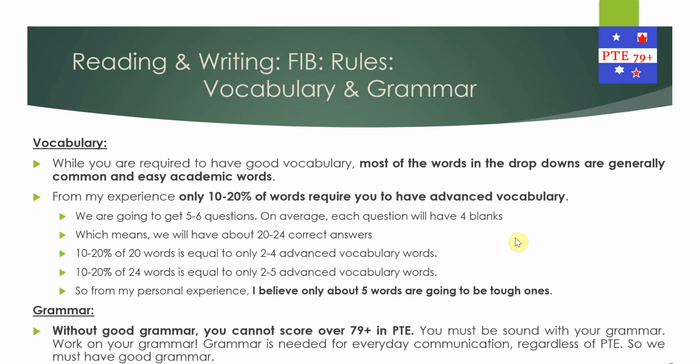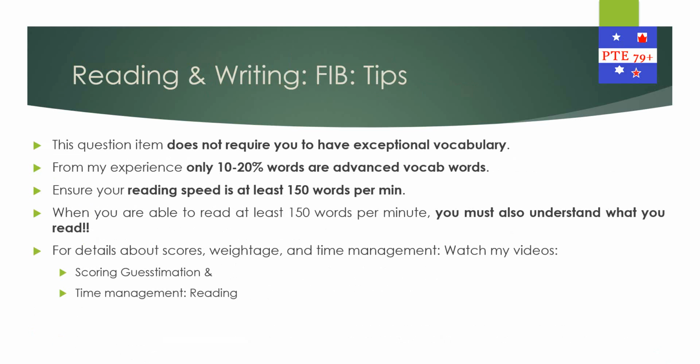Okay, so tips before we leave: obviously the first one is that question items do not require you to have exceptional vocabulary, because only 10 to 20% of words are advanced vocabulary. Reading speed: at least 150 words per minute. I encourage you to increase it to 180 to 200, but without at least 150 words per minute of reading speed, this task will be very difficult, and also the rest of the reading tasks.